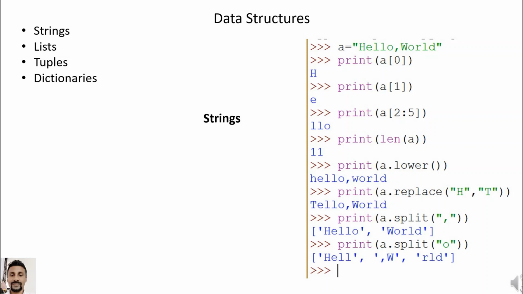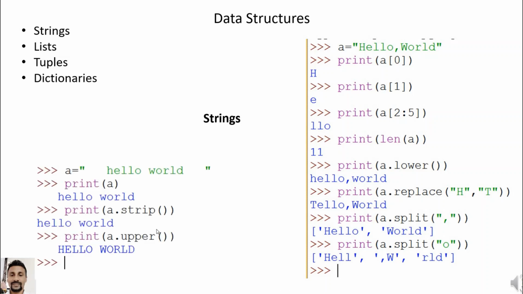Look here, hello and world will be separated like two items because of the comma. Now if I try to split with the letter O, you can give anything you want to split. That means hell is separated, then W separated, then RLD separated. So each place you have the letter O, it will be separated, then you are getting the output.